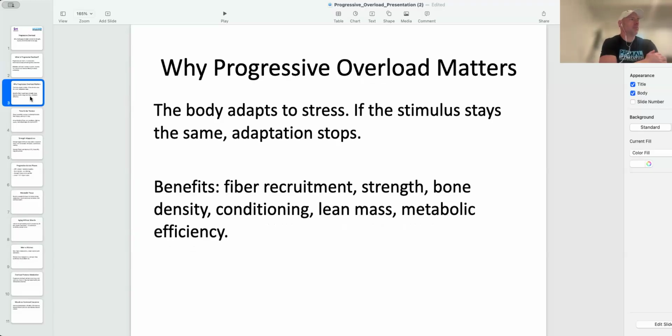Ideally, we want to build a really, really good foundation before we start pushing you to more advanced programming. So, why does it matter? The body adapts to stress. That's number one, and I see this too many times: stagnation.